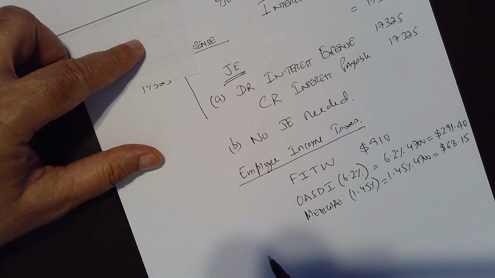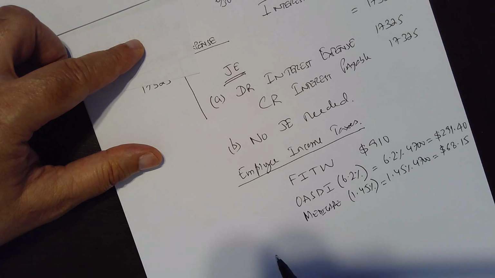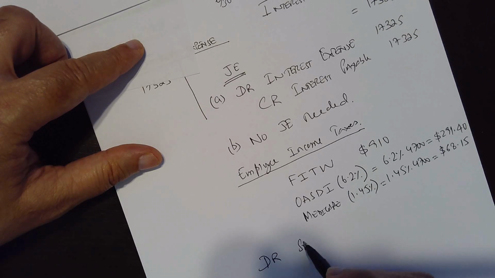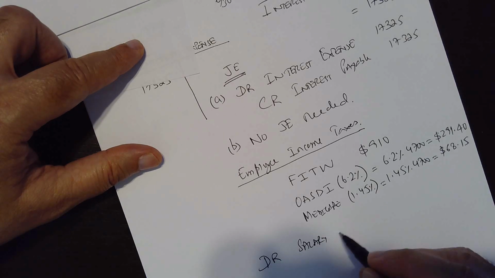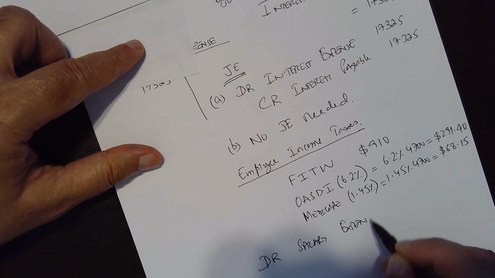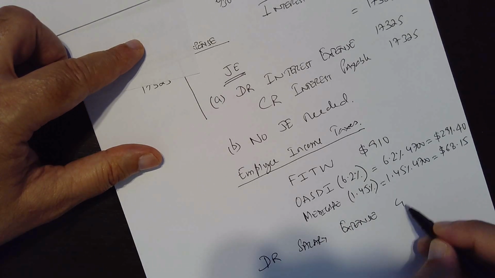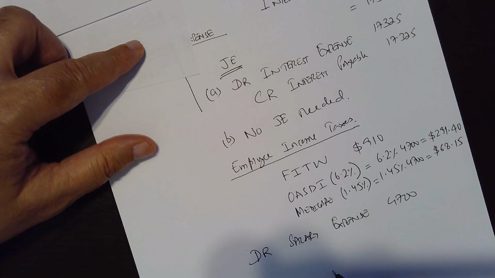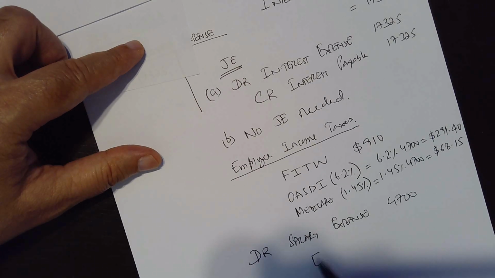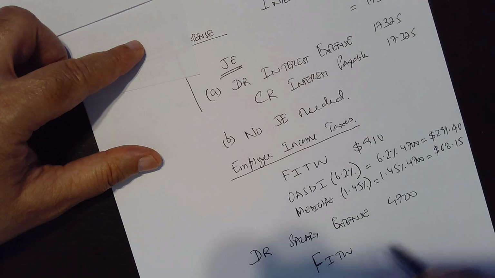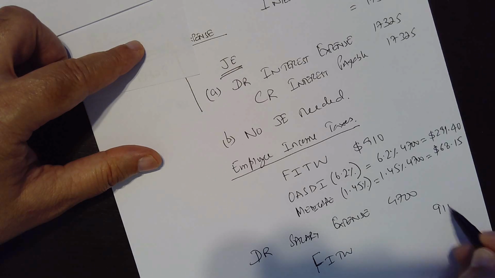So the journal entry that we will be making is debit salary expense of $4,700, and then federal income tax withheld is $910.